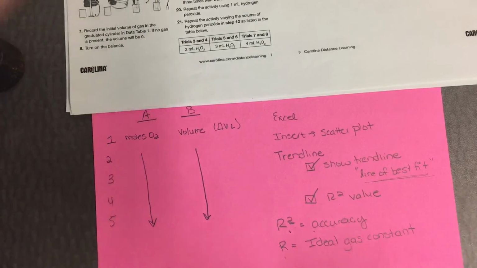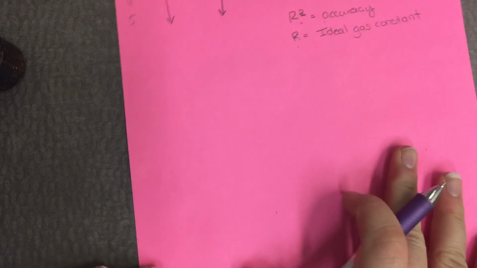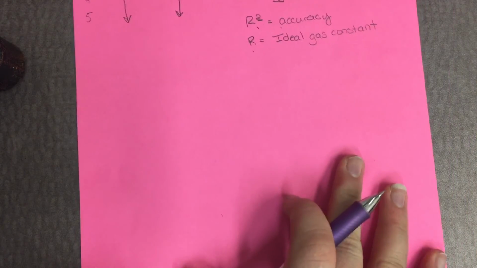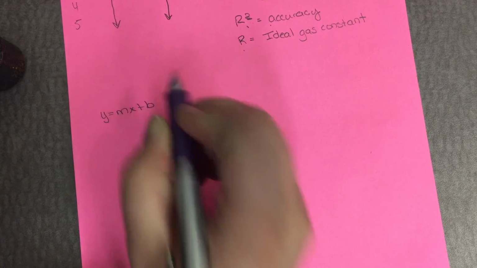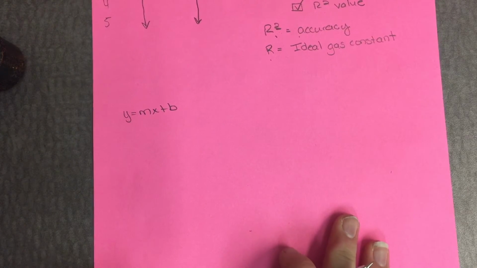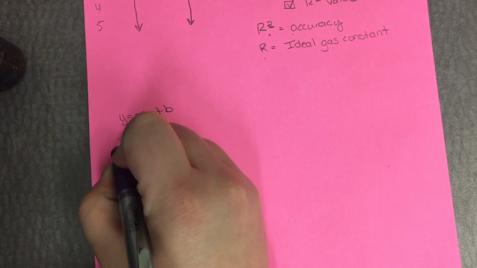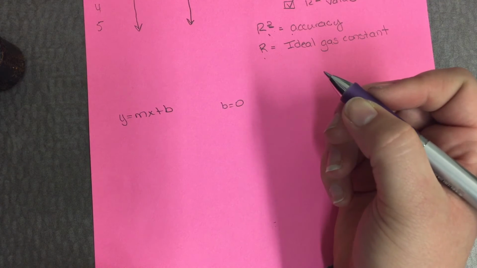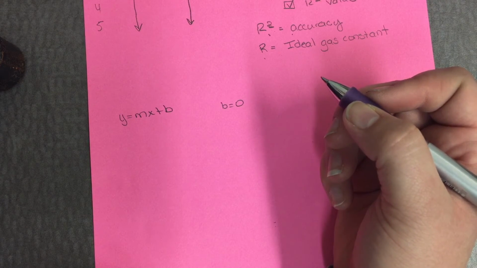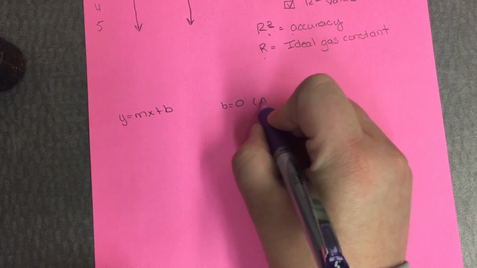Okay, so once you get your equation, it's going to be in the form of y equals mx plus b. What you're going to do is take your equation and analyze it. B should equal 0 because it asks you to set your y-intercept to 0 in step 7. So B should equal 0 according to step 7.